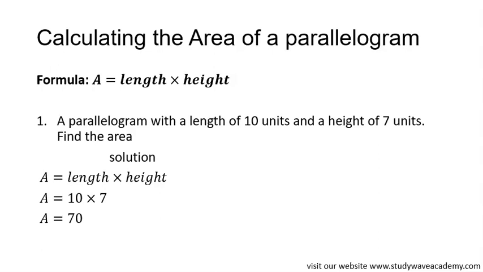We also looked at calculating the perimeter of a triangle and the area of a triangle. Then we looked at three-dimensional shapes. We looked at the cylinder and parallelogram, right? How to calculate the perimeter and the area of a cylinder, and also how to calculate the perimeter and the area of a parallelogram. So we understood today's lesson on measurement of shapes, right?